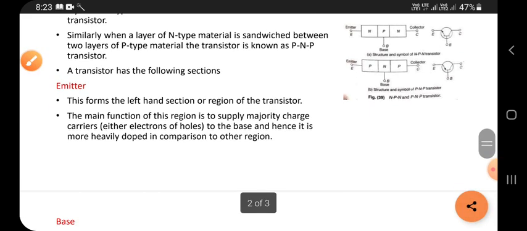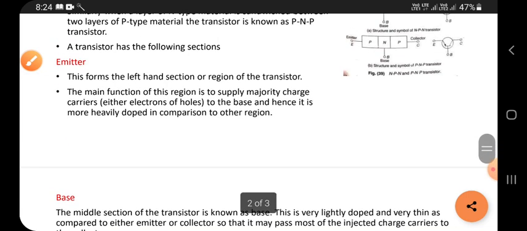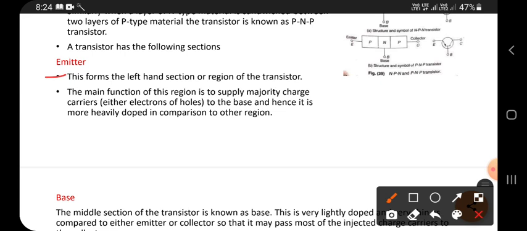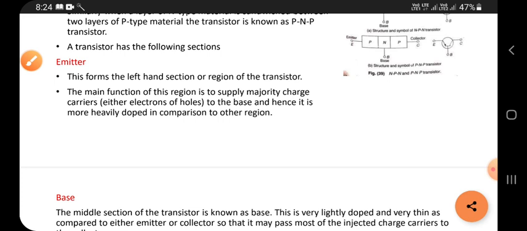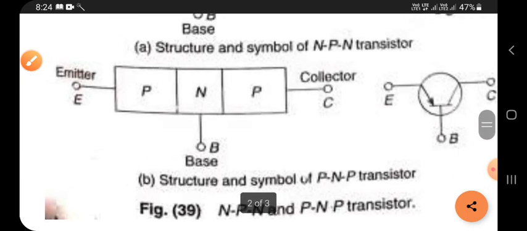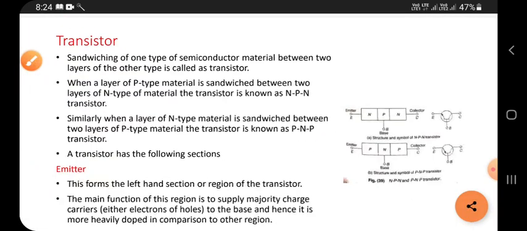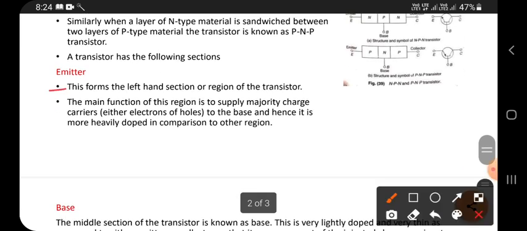Among them, the first section is the emitter, the next section is the base, and the last section is the collector. The emitter forms the left hand section or region of the transistor. The left side is the emitter, the middle is the base, and the right side section or region is the collector.